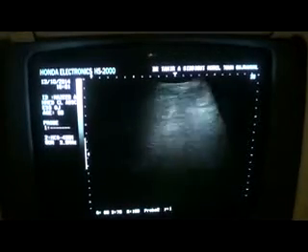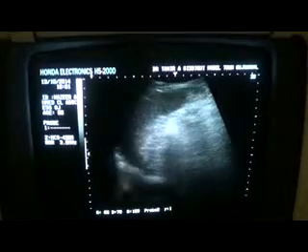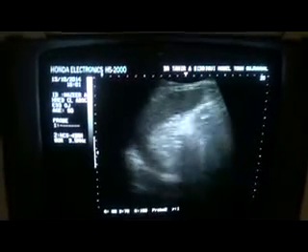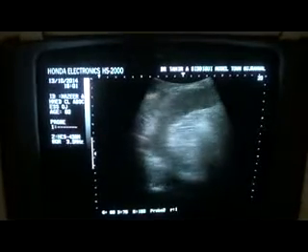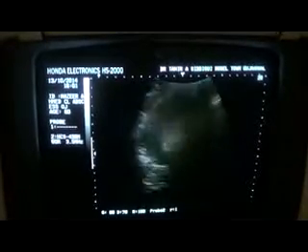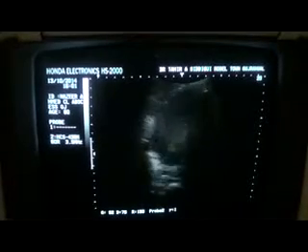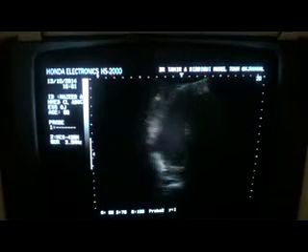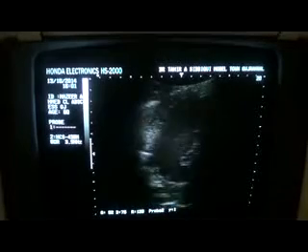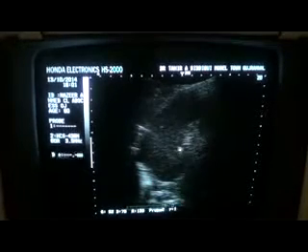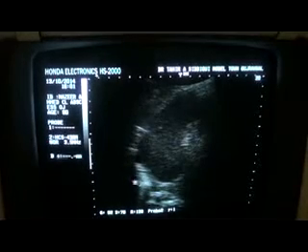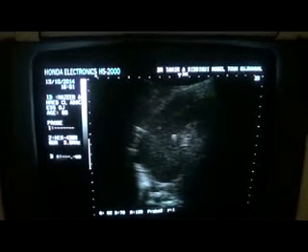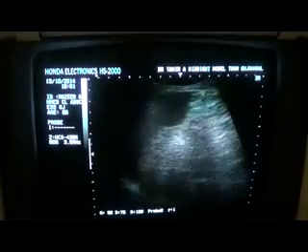What is the status on the left side? Now if you see, there is a very small amount of fluid seen in the left pleural space as well. It's a very small amount. See, this is the fluid, these are the gases within the left pleural space. This is the spleen. Spleen is not enlarged.